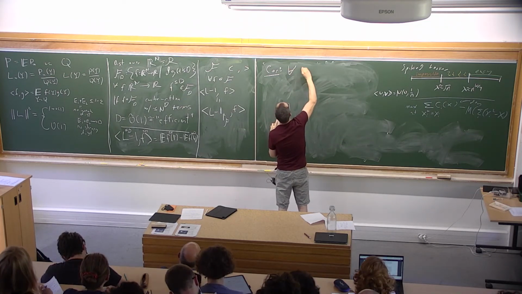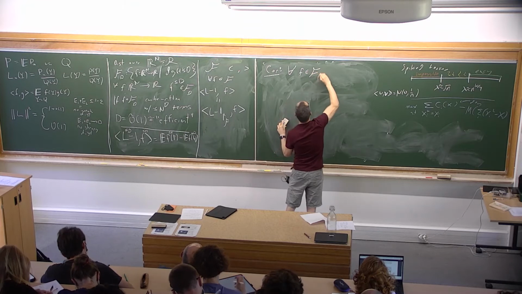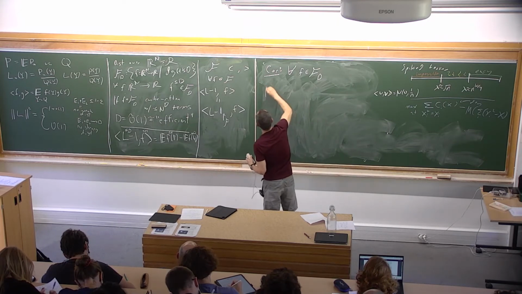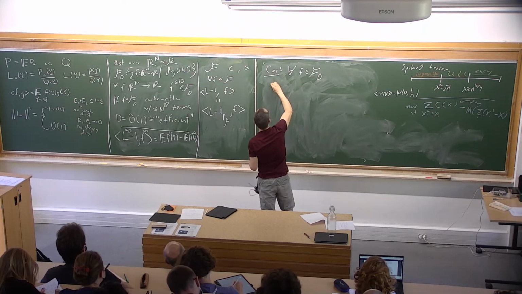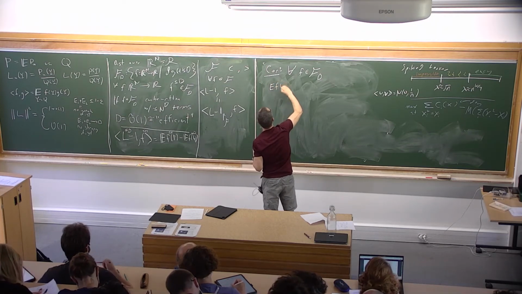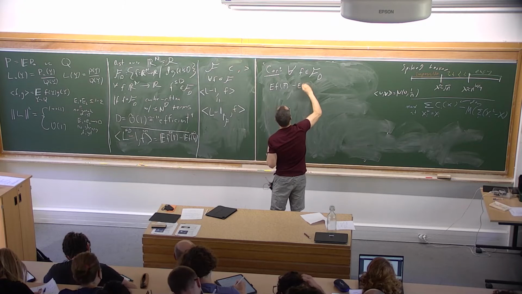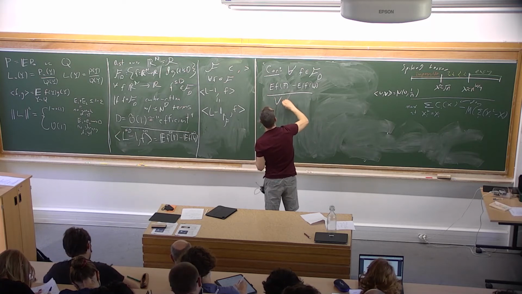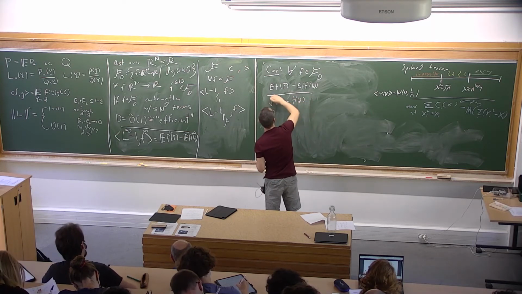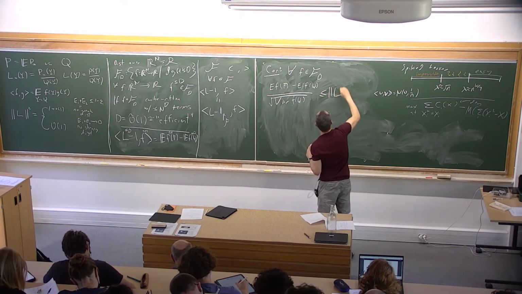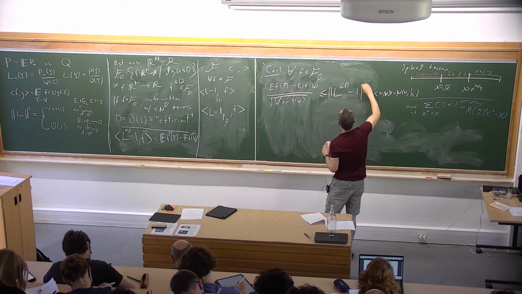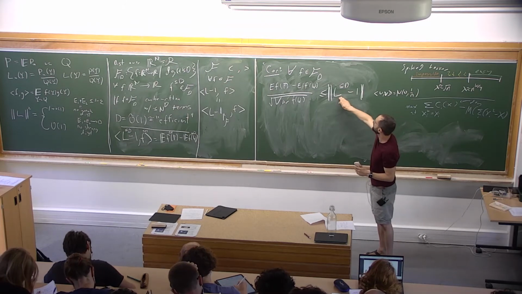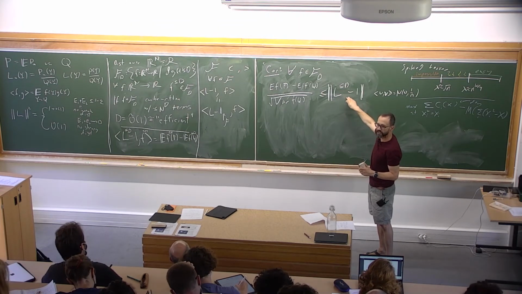For every low degree f, if we look at the expectation of f under p minus the expectation of f under q, divided by the square root of the variance of f under q, that is bounded by the norm of the low degree projection of the likelihood ratio.